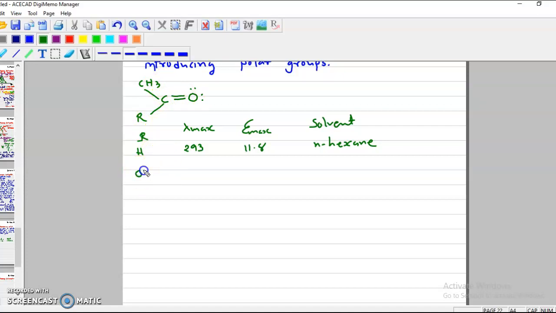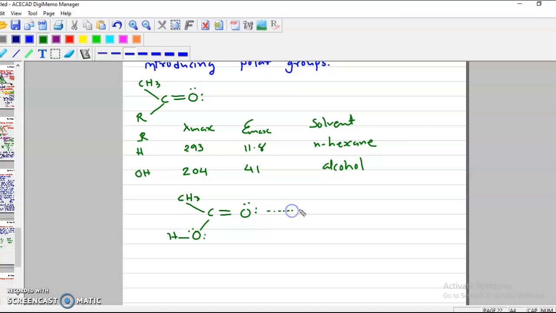Now, if we use OH instead of H, OH is more polar, but lambda maxima is 204 nanometer. Epsilon maxima slightly increased, that is 41, and this solvent should be alcohol. Now what happened when we introduce OH group to this compound? See this, CH3, C double bond O, oxygen has lone pair, and now here we have OH group also, in which there will be oxygen with lone pairs.